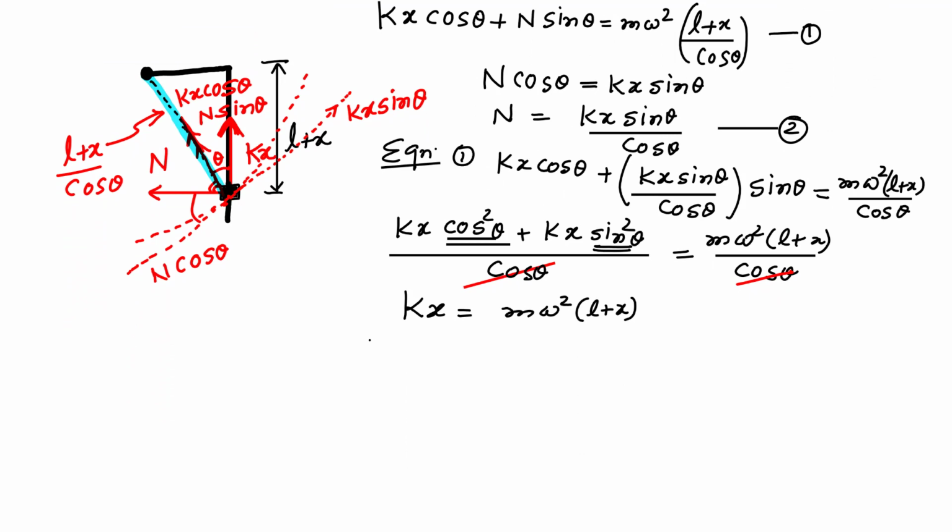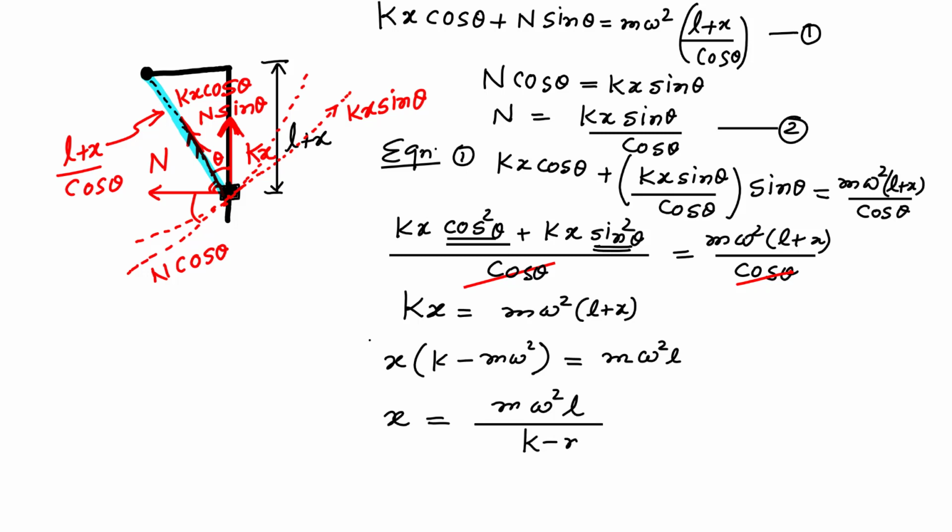You can take x common on this side, so you will have (k minus m omega square) x equals m omega square L. So from here you can say x equals m omega square L divided by (k minus m omega square). So this is the elongation that you will have in this spring.